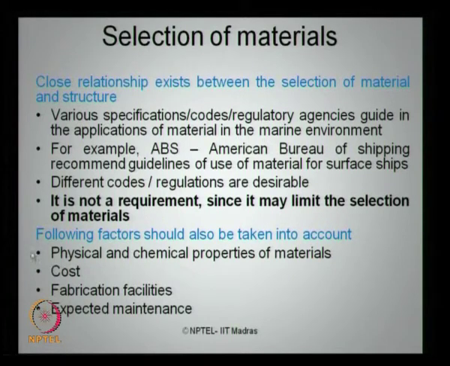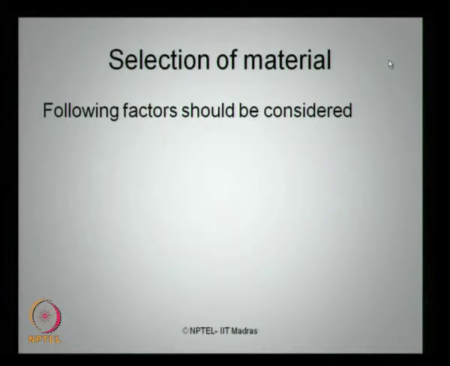Secondly, various factors we must focus to select a material for marine application. Physical and chemical properties of the material, the cost factor, the fabrication facilities and expected maintenance are important guidelines for us to understand how to select a material for ocean systems.